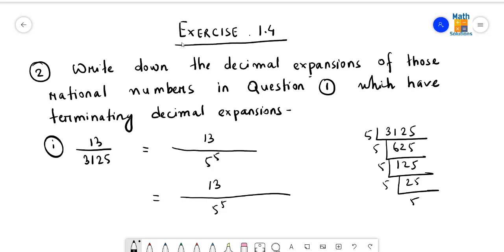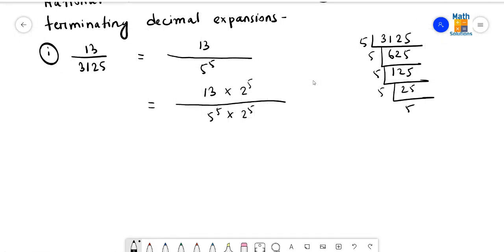So for that, both numerator and denominator should be multiplied by 5 twos, that means 2 to the power 5. When I do this, I get the form with 10 to the power 5 in the denominator, and in the numerator part it is 13 into 2 to the power 5, which is 32.